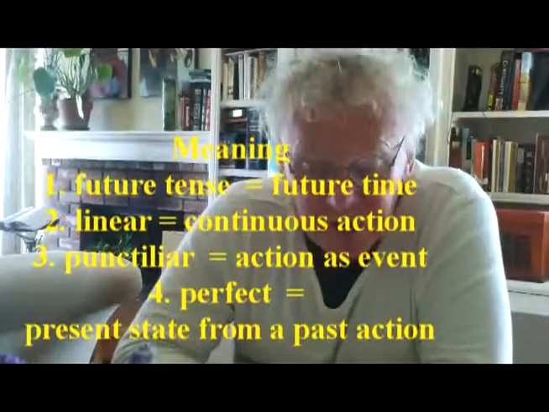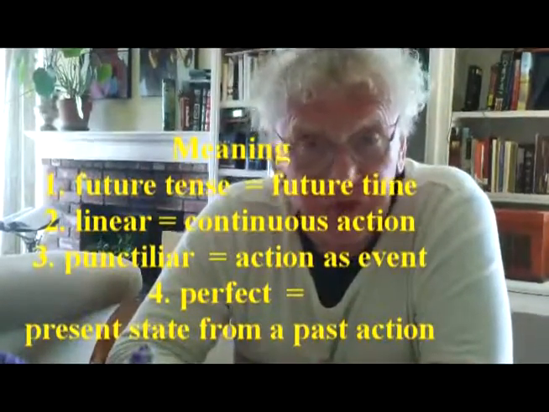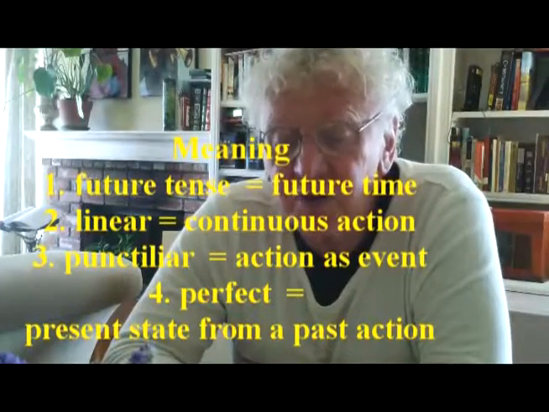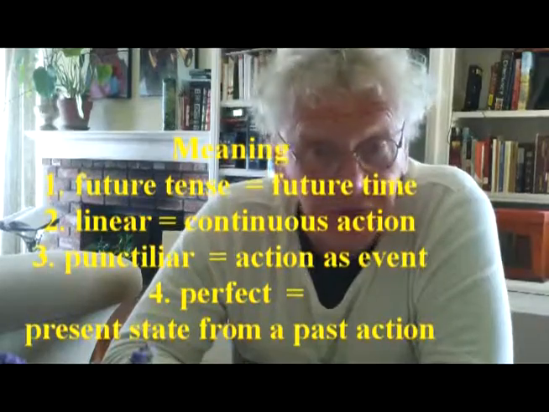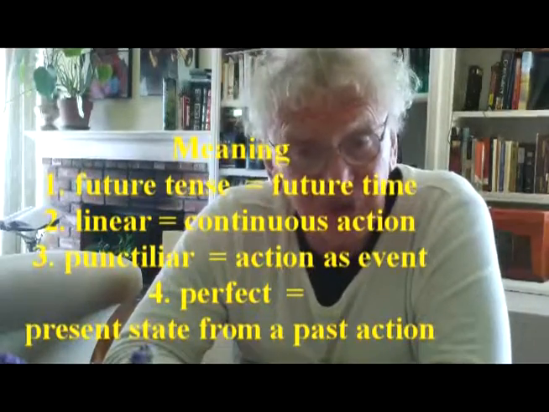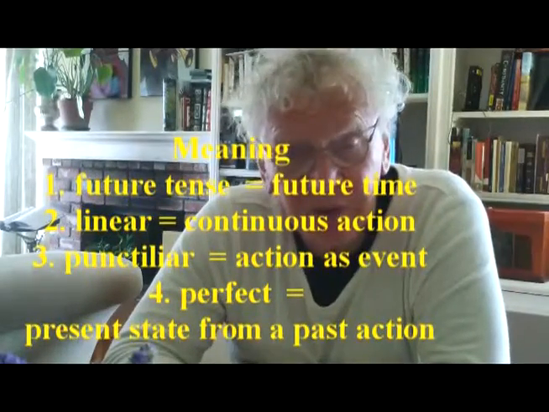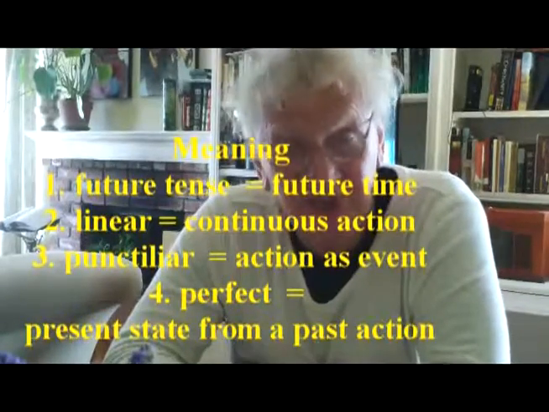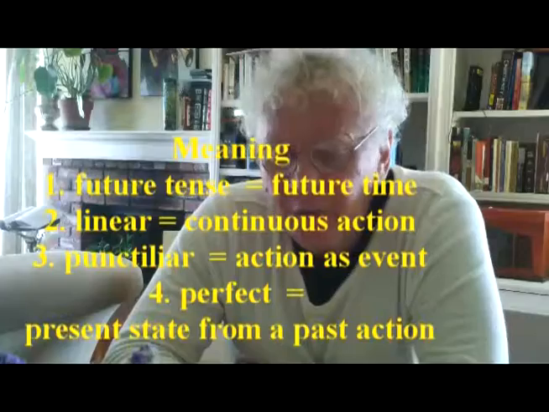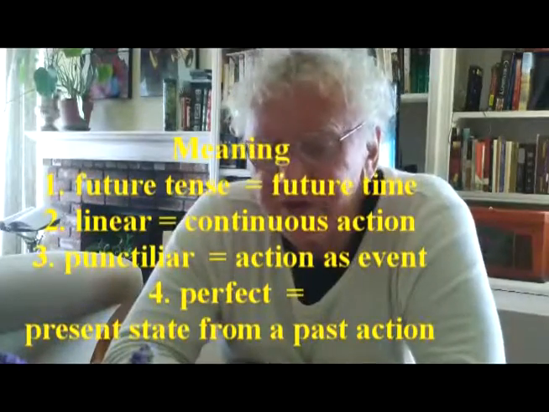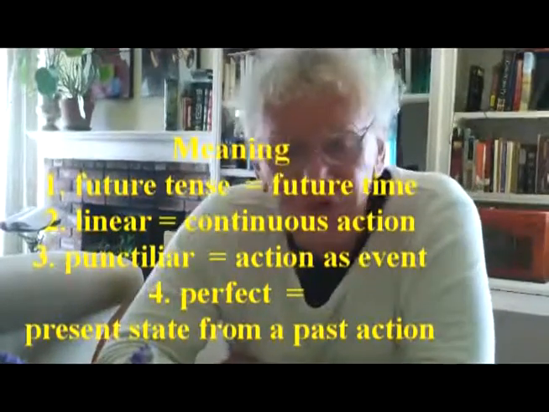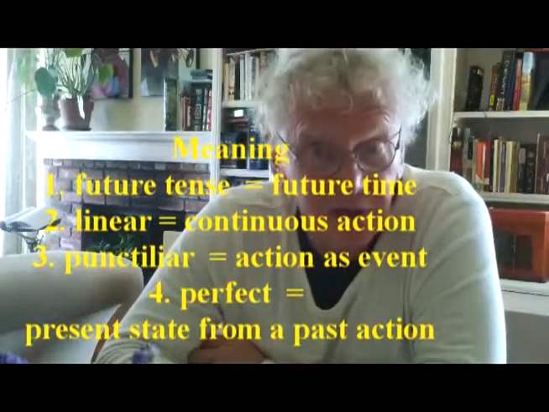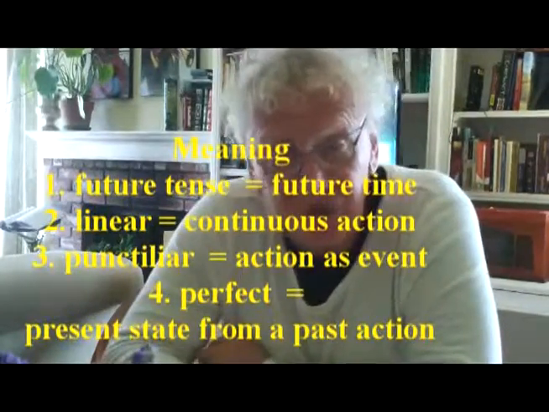The future tense is basically something that refers to future time. The linear tenses we've looked at, like the imperfect and the present, are continuous or repeated time. A punctiliar tense, like aorist, is an action that happens from that standpoint, whereas the perfect is what? I'm giving you a definition of a present state from a past action, is what I've written down. A present state from a past action.